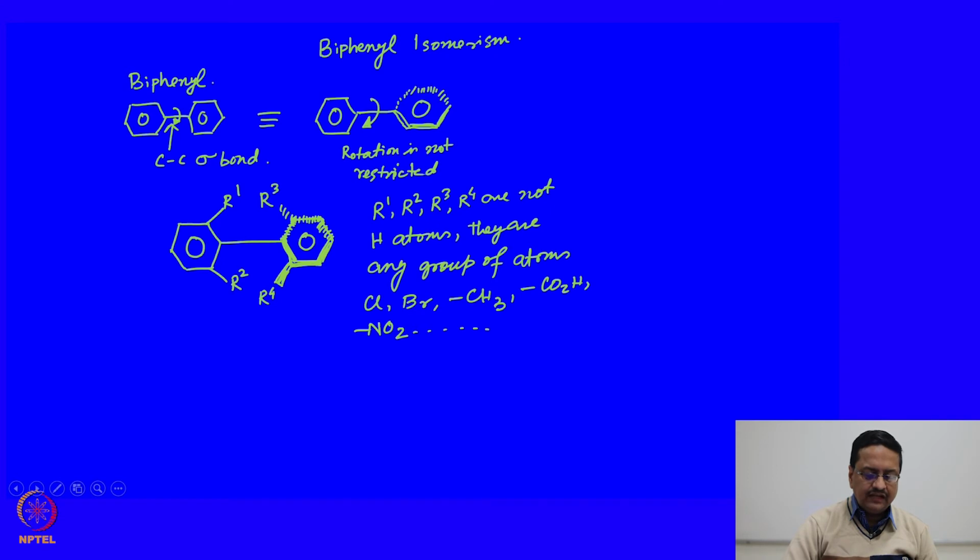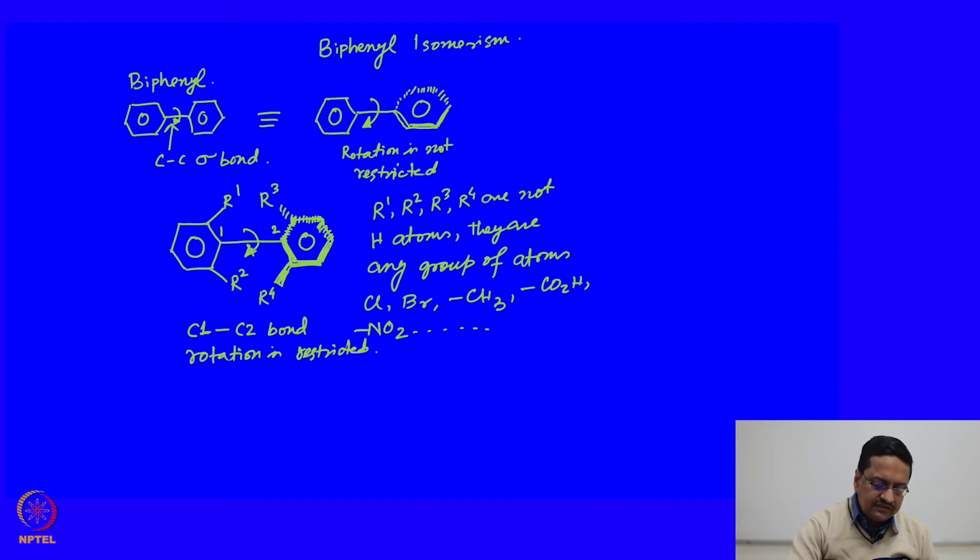So, when we have these substitutions present in the ortho position, then the rotation about this bond is restricted. I can name those two atoms as C1 and C2. C1 to C2 bond rotation is restricted. And this restriction is due to the steric hindrance between the groups which are close at ortho positions.